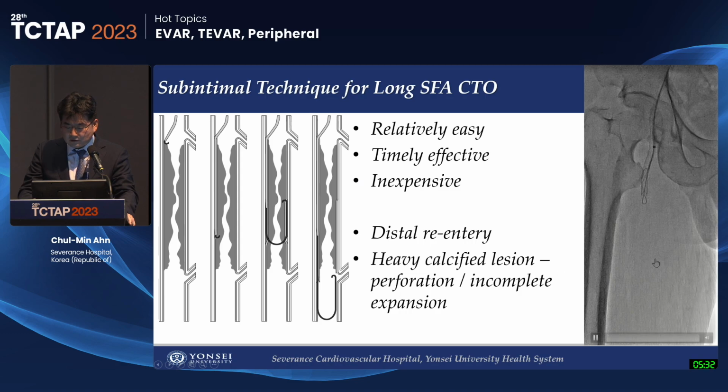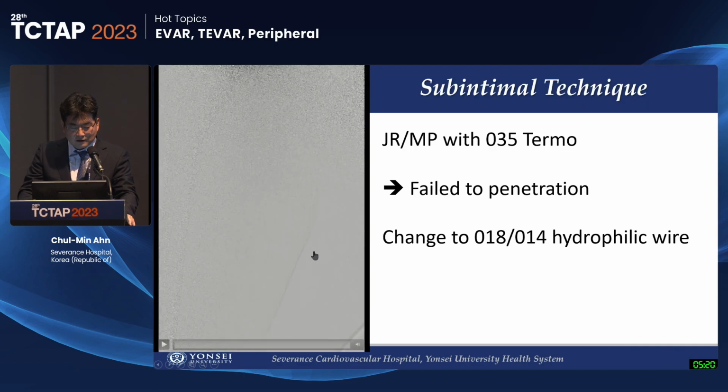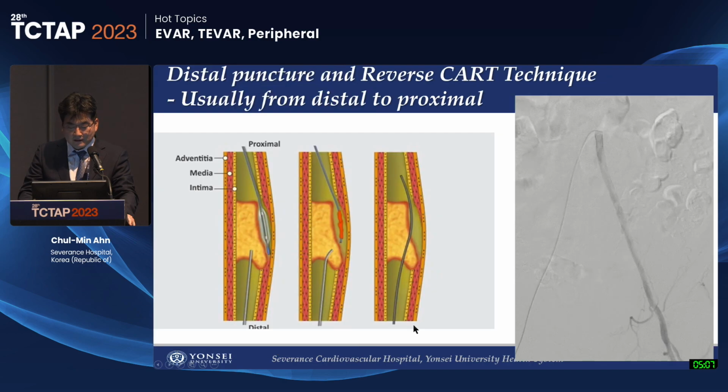Subintimal is the traditional method for long CTO. If there is a guided stent or calcification, we can use the subintimal approach with the 0.035 wire. Sometimes the 0.035 does not penetrate easily, so we change to 0.018 or 0.014 wires for penetration of the subintimal space. Reverse CART is also a very popular technique for long CTO.